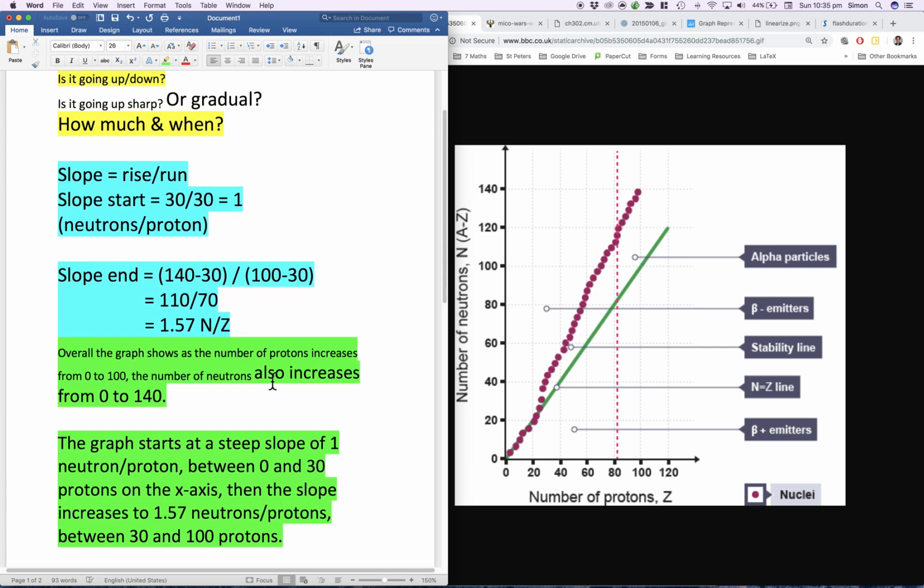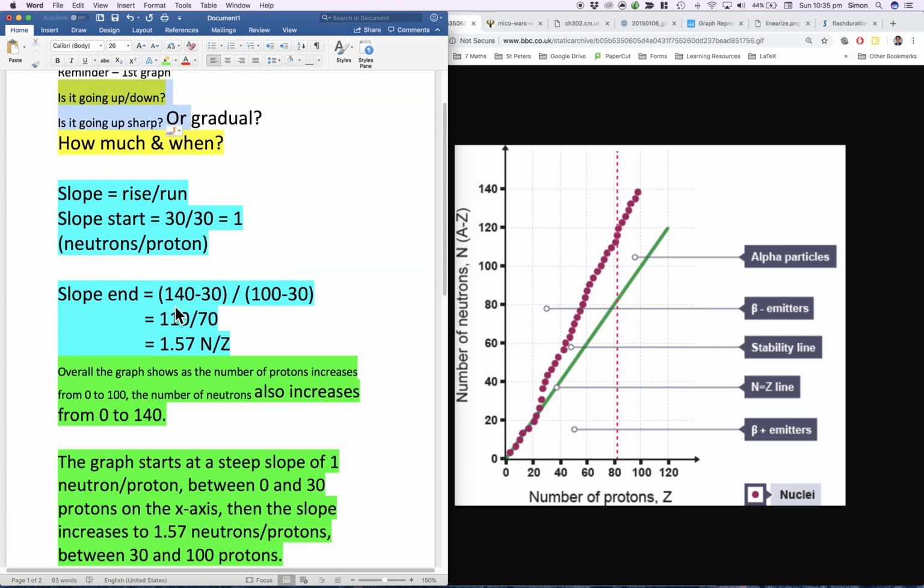All right, so is it going up, is it going down? Overall, the graph shows number of protons increases, so I'm telling it's going upwards. So as the number of protons increases, the number of neutrons also increases. Have I said how much? Yes, protons went from 0 to 100, and the neutrons went from 0 to, so I've done that, and I've told it it's going up or down.